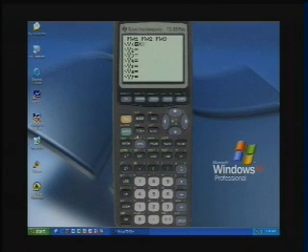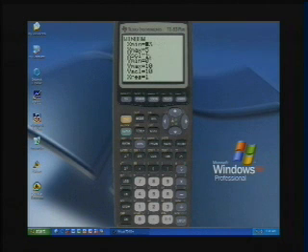The function we were working with was x to the third minus 2x squared plus 6. I've also set my calculator window for the x values from negative 3 to 5 with a scale of 1 and the y values from 0 to 10, and I put a scale of 10.